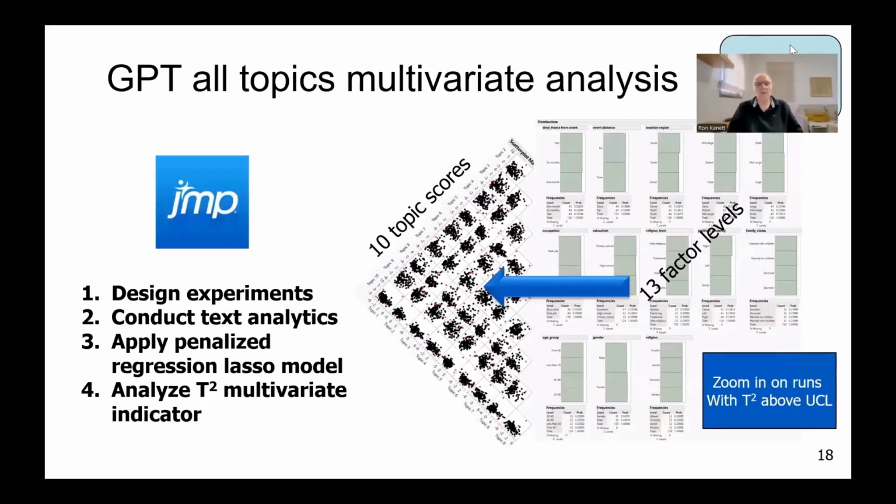The other thing that was done is to combine the 10 scores using an overall measure, which was calculated through the T-square multivariate control chart approach. T-square is the Mahalanobis T-square, very easy to do. So now we have 128 runs, which are determined by 13 factors, and that gives us the Mahalanobis T-square.